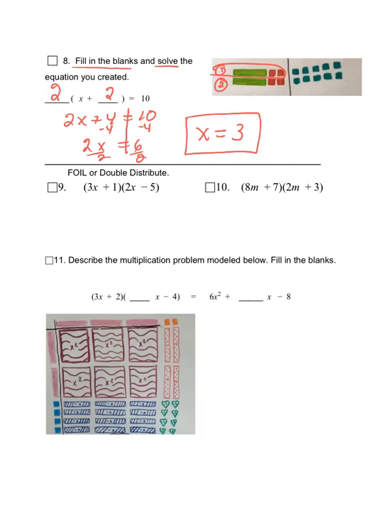Voila. Okay, so 9 and 10, you can either think of it as FOIL, first, outer, inner, last, or double distribute.